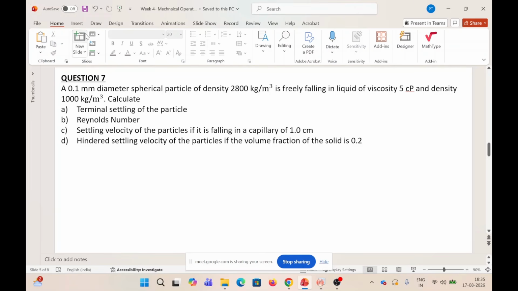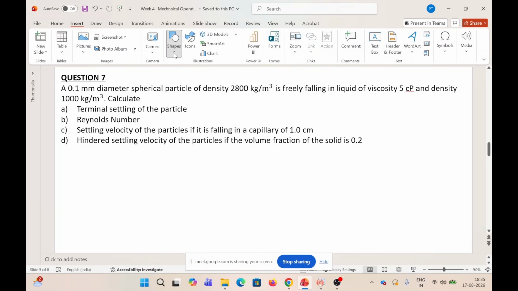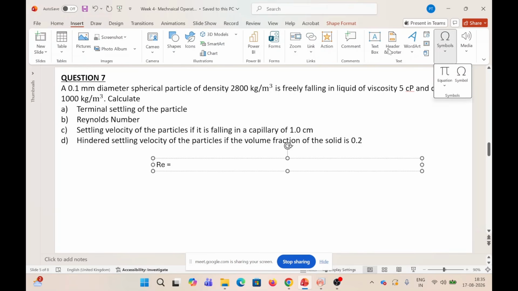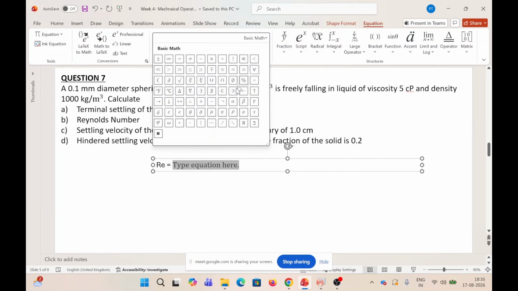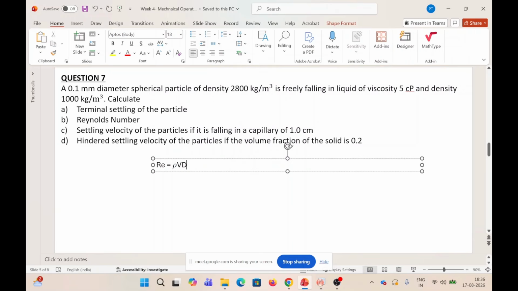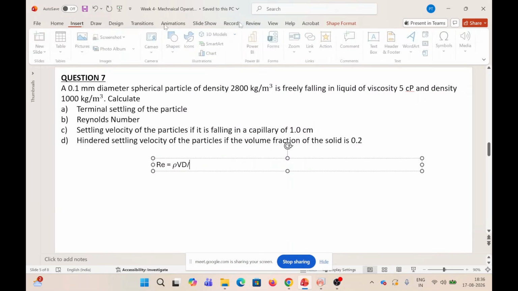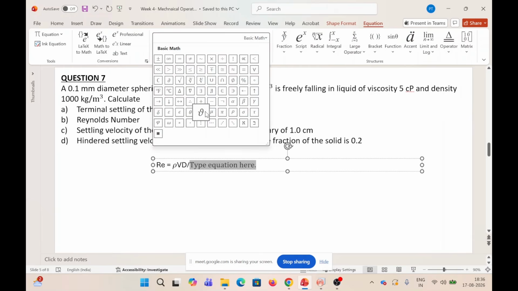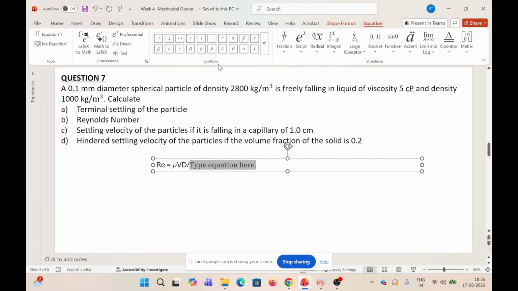So let me give out the equations. I think that would be better to start solving. If you have answers for any of the subdivisions, then please let me know. So Re is rho V D by mu.